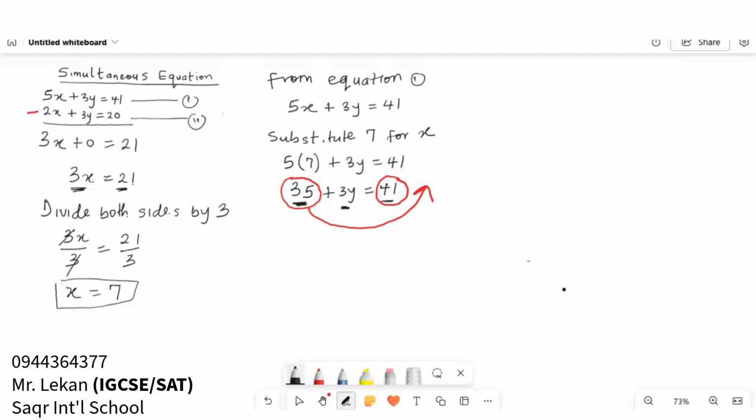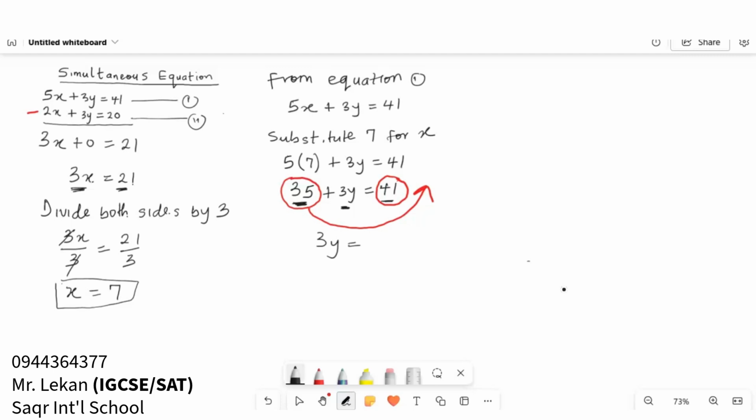Now, positive 3y. Don't forget that this 3 is the owner of this plus sign. So I have plus 3y is equal to, after crossing this particular bridge, after crossing this equal sign, the sign will change either from plus to minus or from minus to plus.